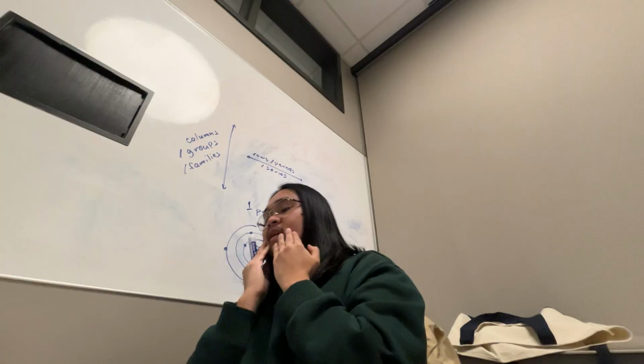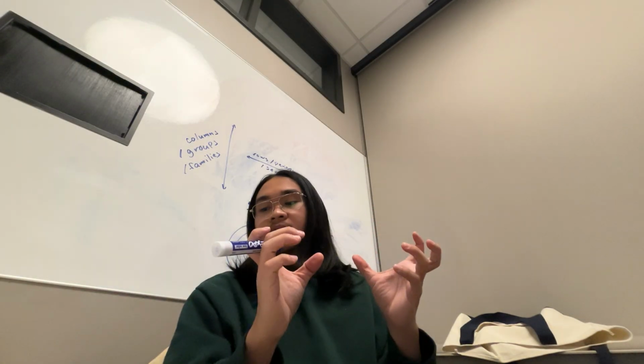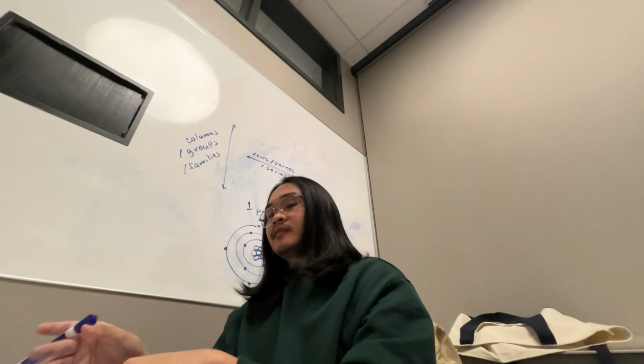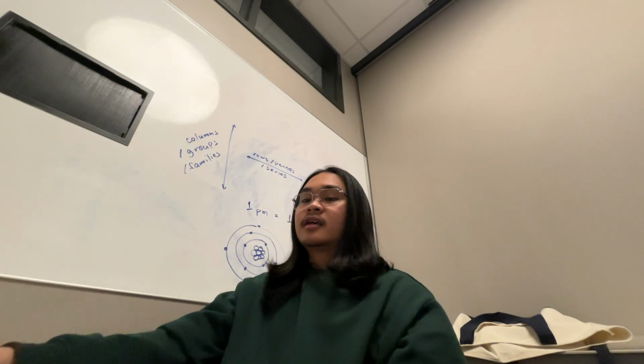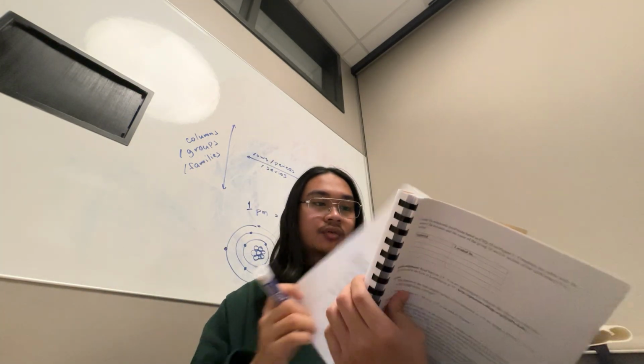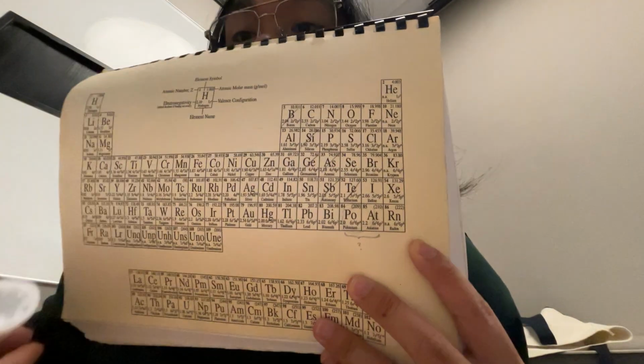Now, metalloids are semi-metals because they have the properties of metals and non-metals together. And we're now in problem number 13. If you look at that, the metalloids are these ones that I have crossed out right here.